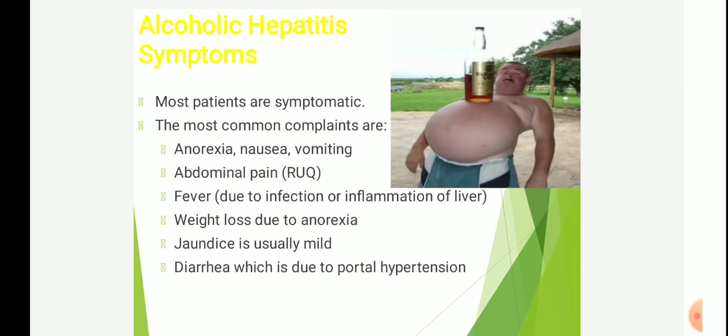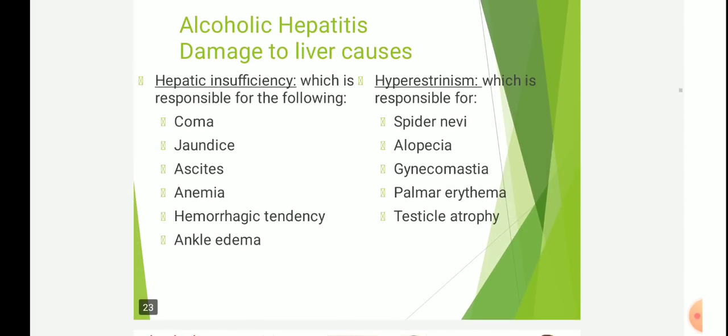Symptoms: anorexia, nausea, vomiting, abdominal pain, fever, weight loss, jaundice, diarrhea. Damage to the liver can lead to hepatic insufficiency, coma, jaundice, ascites, ankle edema.